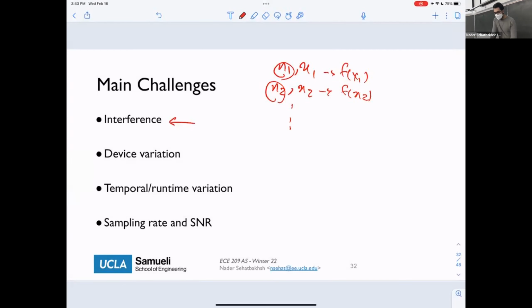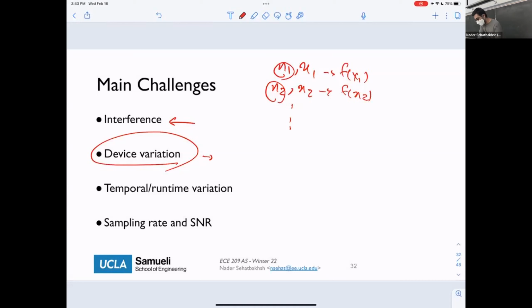The other major challenge is device variation, because when we are doing template analysis in general, we are taking a replicate or copy of the device, and we are assuming that the replicate that we have works exactly the same as the device that we want to attack. But as you know, different variations, including the process variation, differences in temperature and timing and environment, can actually slightly change the frequency and the signature.